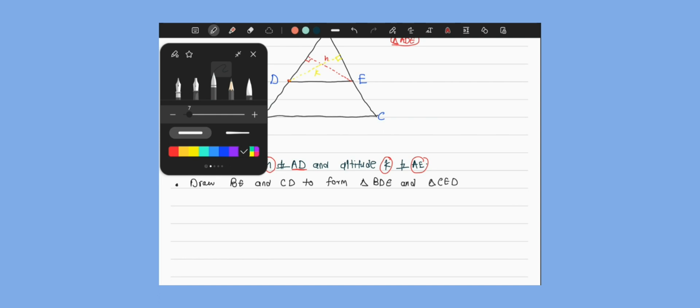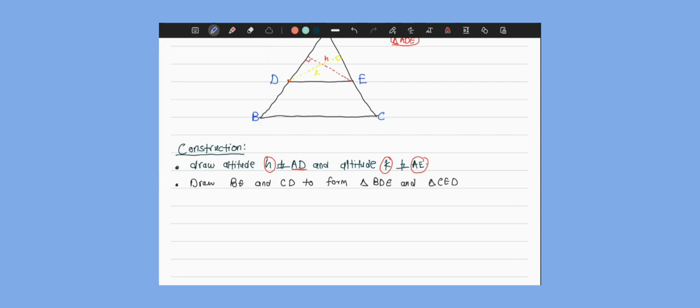You can check here, guys. I'm going to move slowly so that this presentation can favor you all. So we need to draw the lines BE and CD to form the triangle BDE and the triangle CED.